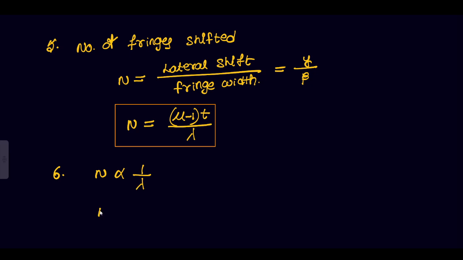So n1 lambda 1 equals n2 lambda 2. Here n1 fringes are shifted for a wavelength of lambda 1, and n2 fringes are shifted for a wavelength of lambda 2. Then the relation is n1 lambda 1 equal to n2 lambda 2.